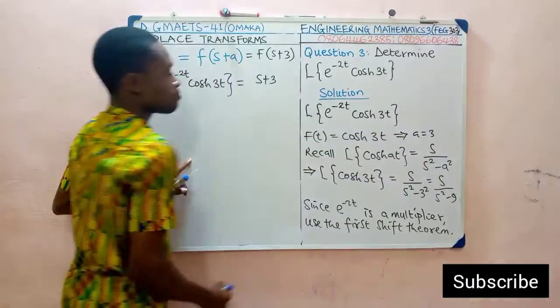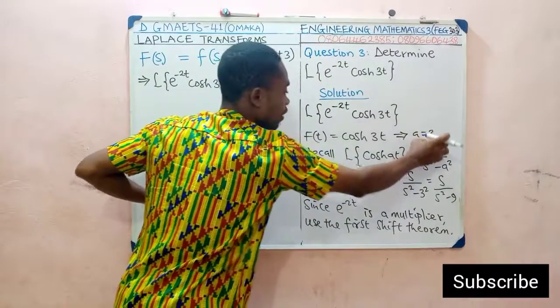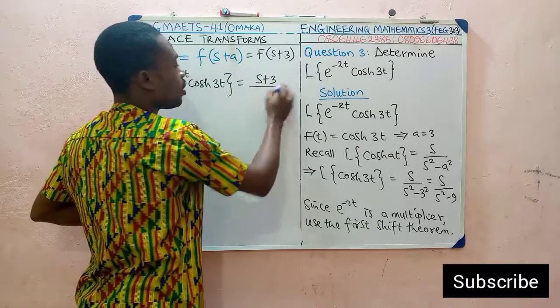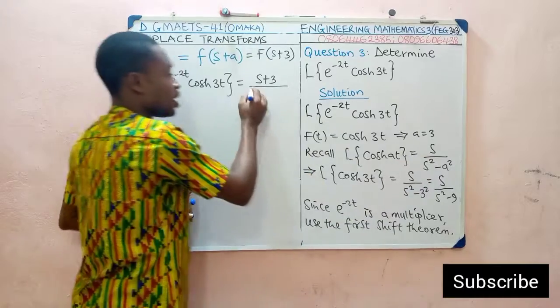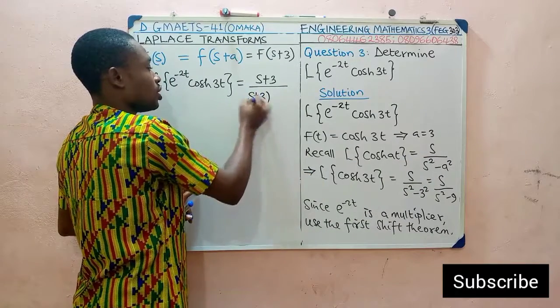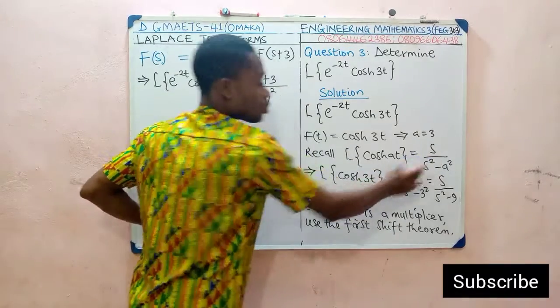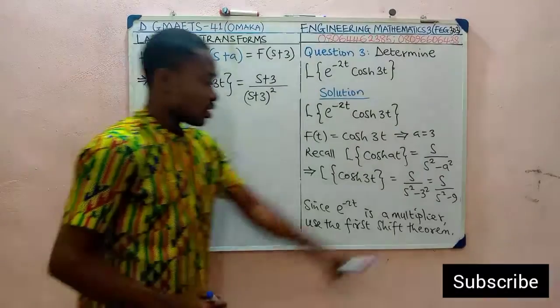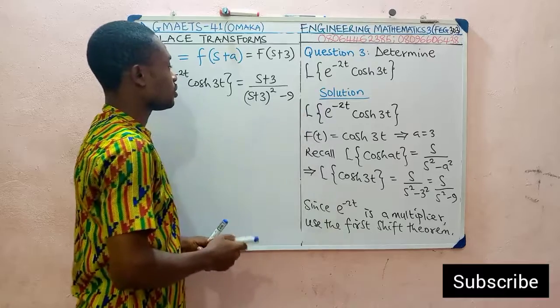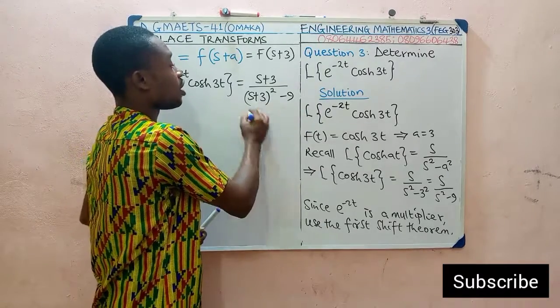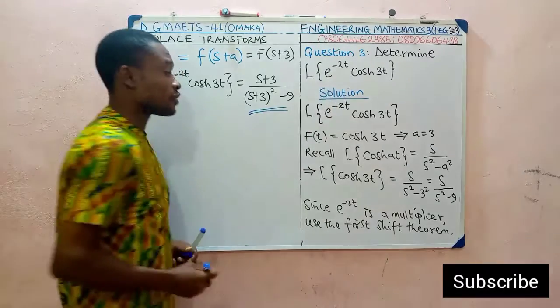Is that okay? Now in place of this s, I'll kick it off and substitute s plus 3 all over. Come to this, kick off this s. Put s plus 3 there and raise it to power 2. Because the original s is raised to power 2. Is that okay? This is where we are anyway. And that will be minus 9. So this is the result of this Laplace transform.